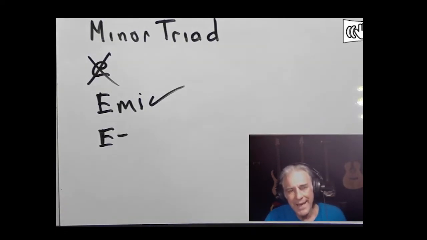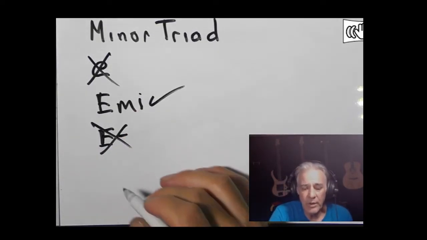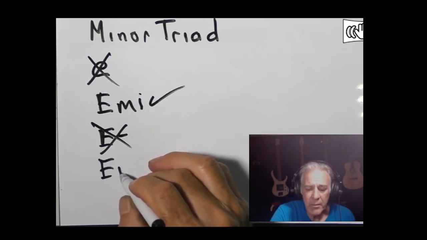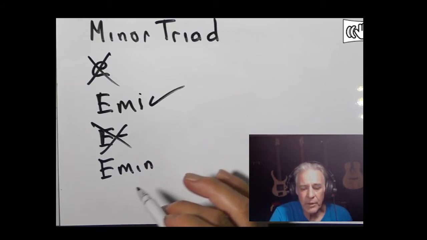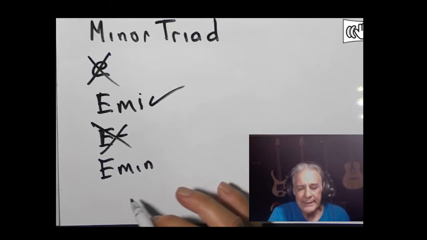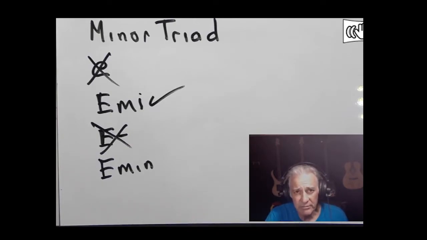Next one, E with a dash. The problem with this is that the dash is used for other chord types. And so we don't want that. We don't want confusion. Unacceptable. No dash. The next one is E with an M-I-N, uppercase E and then lowercase M-I-N. They feel this is unacceptable because they have a system which is uniform, symmetrical.